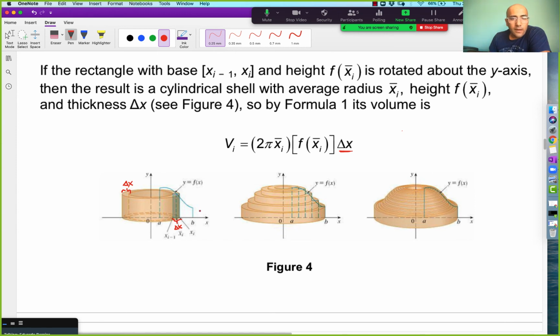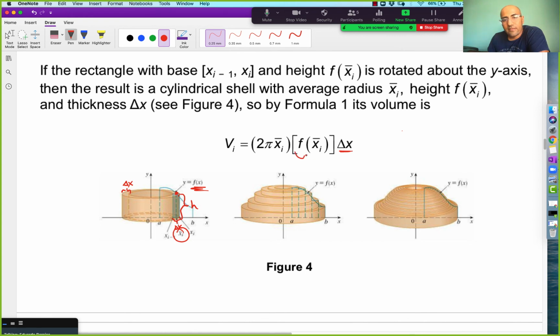Okay. Next, I need the height. The height, the h value, is exactly equal to that point right there, which is f of x evaluated at this point in the middle, which we said was x sub i bar.